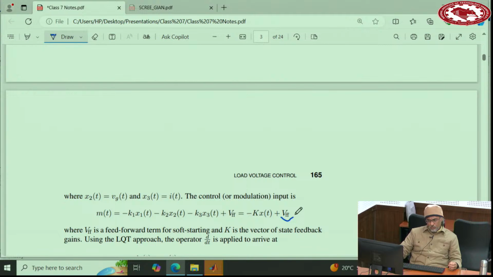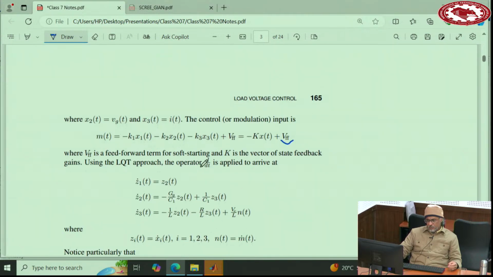The way to remove them is to apply this d over dt operator to both sides of the state space equations. So if you apply this to the state space equations, you will get these three, right?